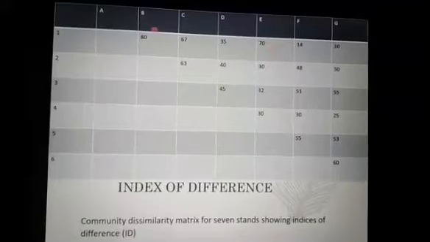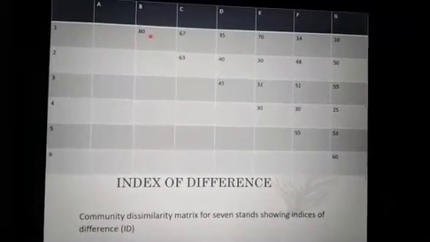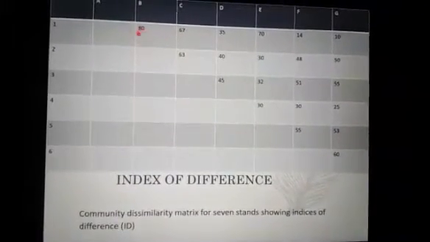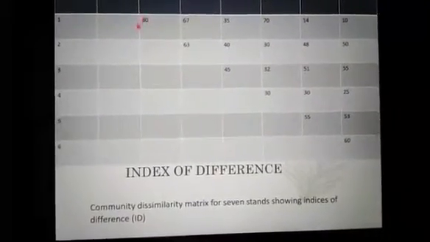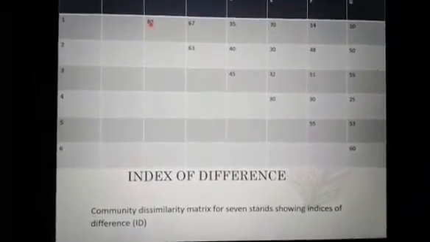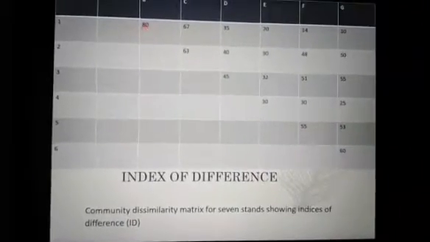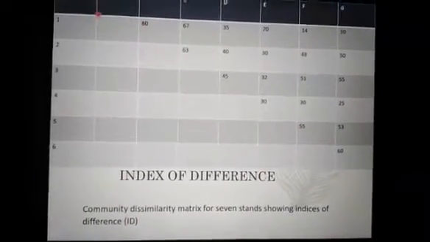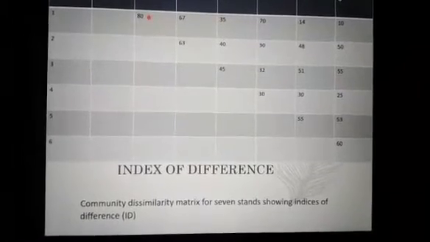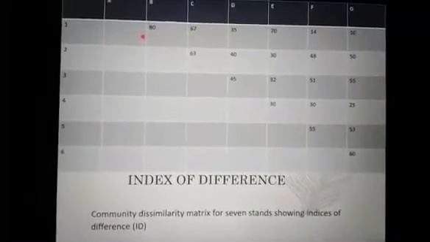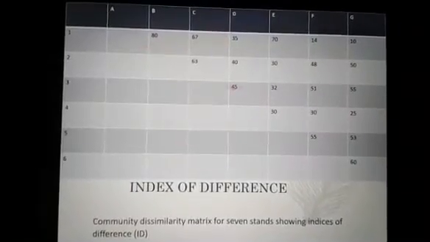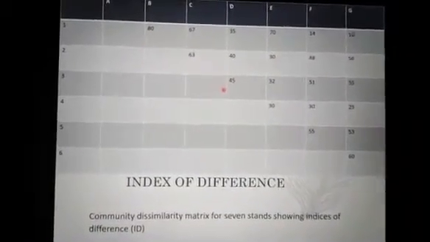For A to B, the community coefficient was 20, so 100 minus 20 gives us 80. So the ID for A to B is 80.